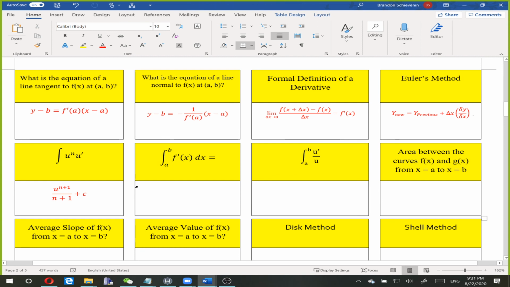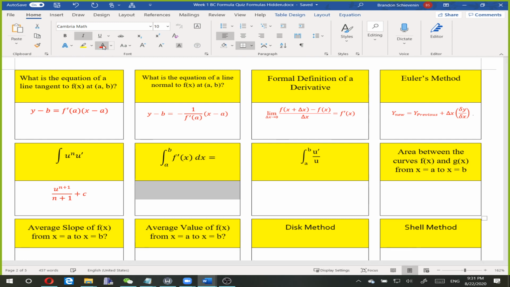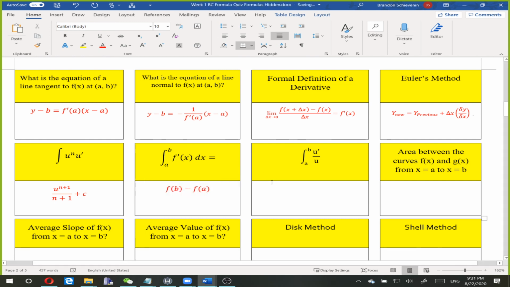And Kyle, this time I do have bounds. If I'm integrating a derivative from a to b, what will happen? Perfect. F of b minus f of a.